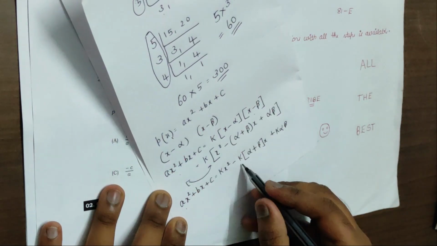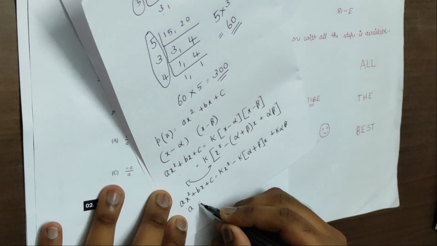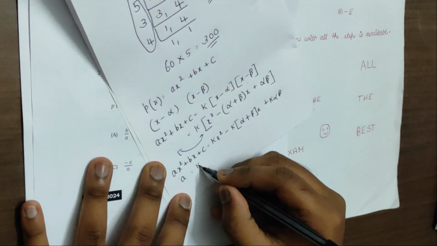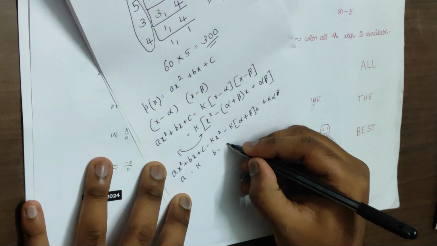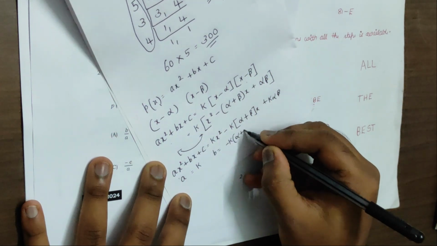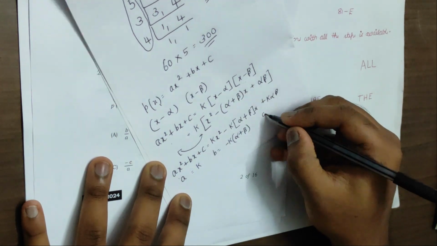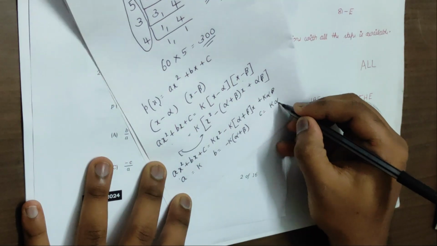If we compare both sides, we obtain a equal to k, b is equal to minus of k into alpha plus beta, c is equal to k into alpha beta.